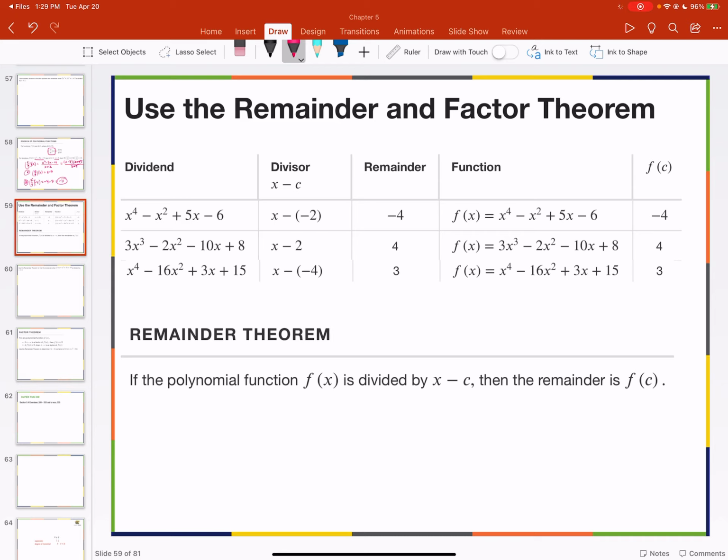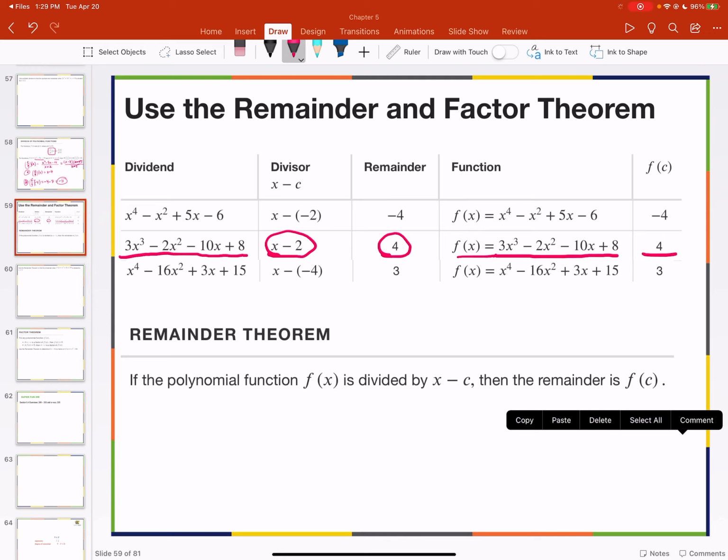If I divide 3x cubed minus 2x squared minus 10x plus 8 by x minus 2, my remainder will be 4. But if I take that same thing and plug in 2, then I also get 4. So again, if I divide by x plus 4 and put in negative 4, I get the same value.